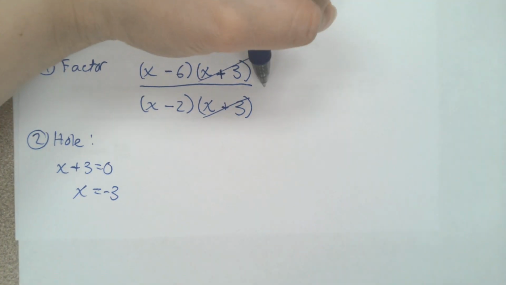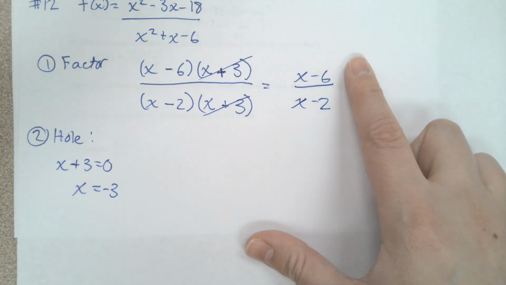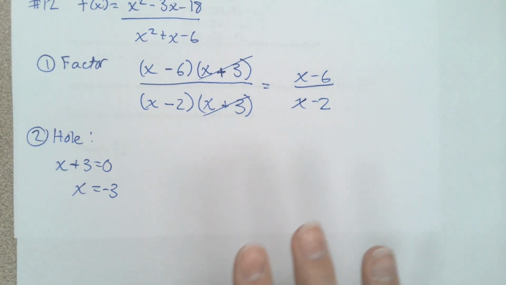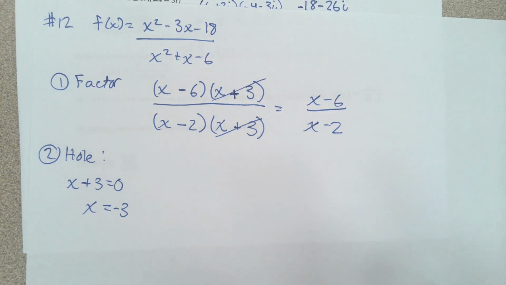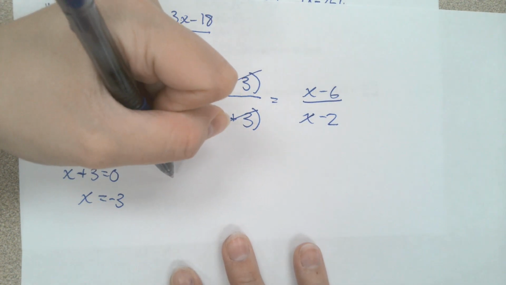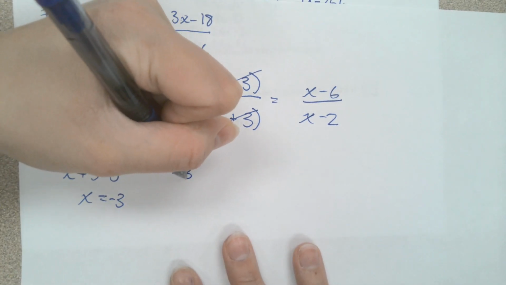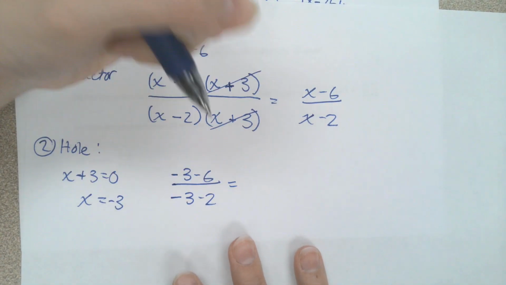To find it, we're going to plug it into our new and improved equation, x minus 6 over x minus 2. You can try plugging it in here. It's not going to work, which is why it's a hole. You have to plug it into the new one. So we have negative 3 minus 6 over negative 3 minus 2.